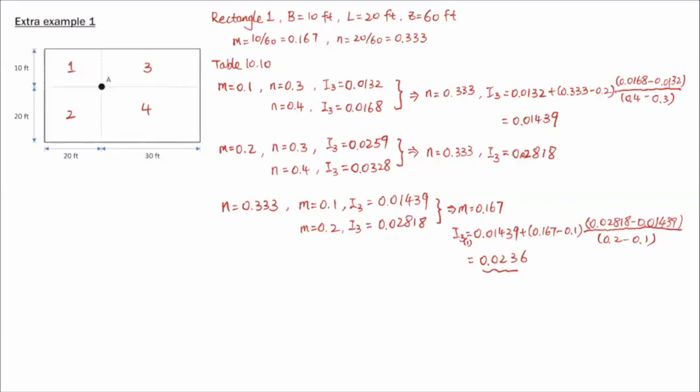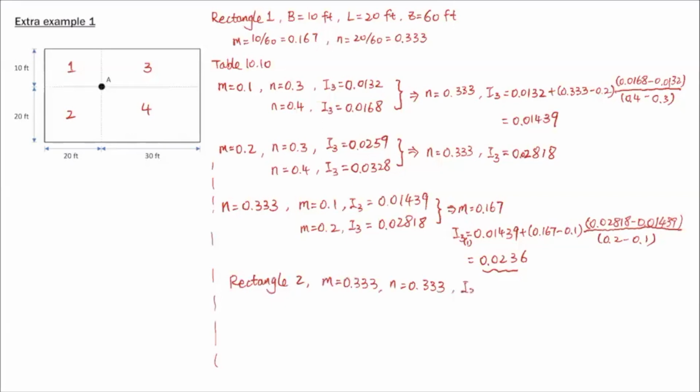So that's rectangle 1. I spent more time on this one, and for the other 3 rectangles, it's basically a similar process. So for rectangles 2, 3, and 4, you can just follow the same process using either that table or figure 10.24. So for rectangle 2, the m value is 0.333 and the n value is also 0.33.